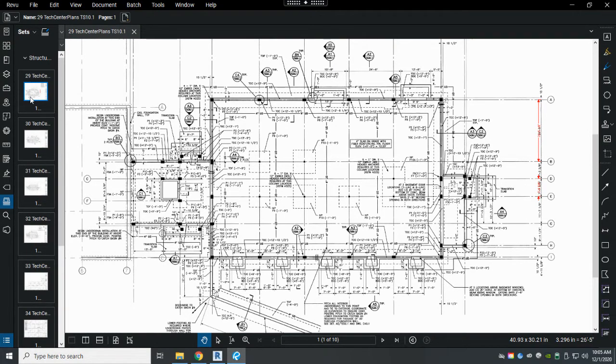So the little black rectangles that we're seeing all through here are columns, and then the hidden lines around those columns are the pads that are spreading the load from the weight of that column to a wider area based on the soil bearing capacity. There's a lot going on this page, a lot of callouts, a lot of leaders and things. So it looks a mess, but we can make some sense out of it.